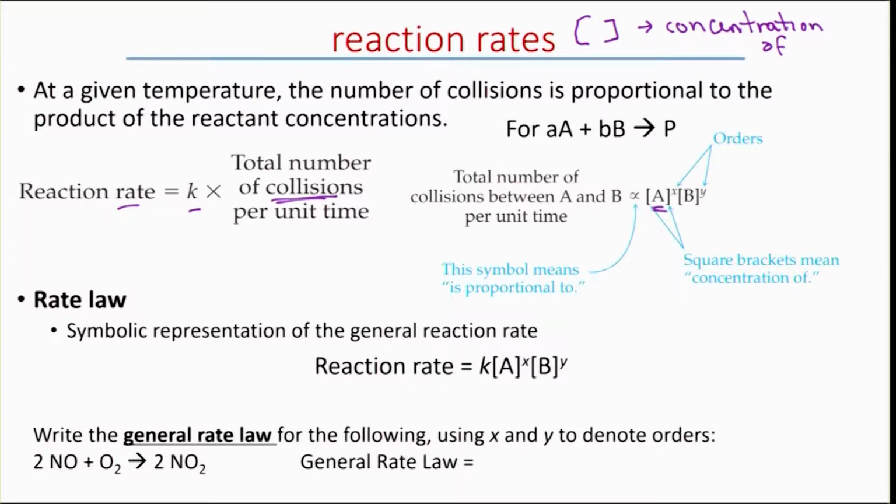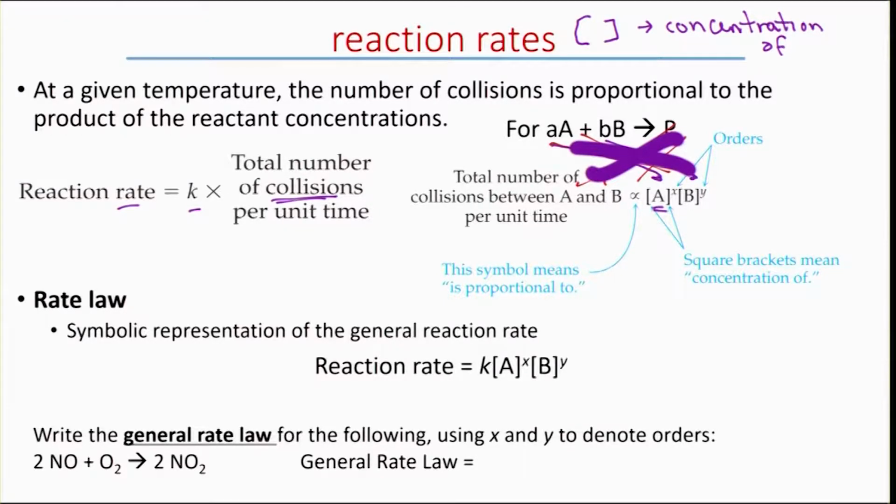Now, for my 103 students here at IU, I told them to draw an arrow here, draw an arrow there, and then I said to go back and make big X's all over that, because that is totally not right. So you do not take the coefficients in a balanced reaction and assume those are the orders.